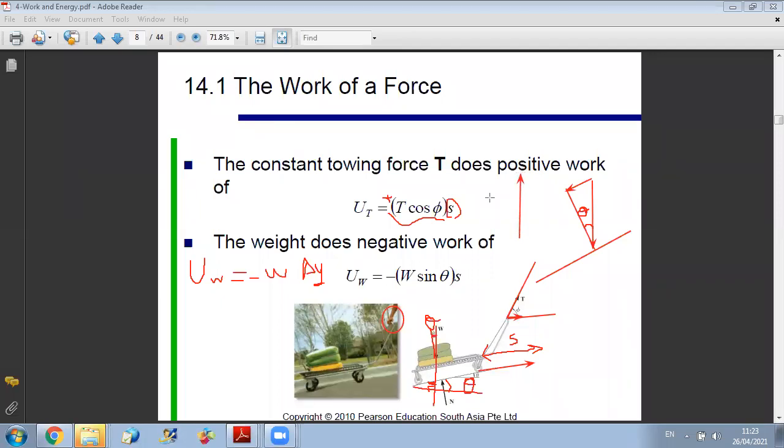Now I want to relate delta Y to delta S. You know that your crate is moving upward, so let us consider that delta S will be in this direction. This is delta S, and this is the corresponding delta Y in motion.